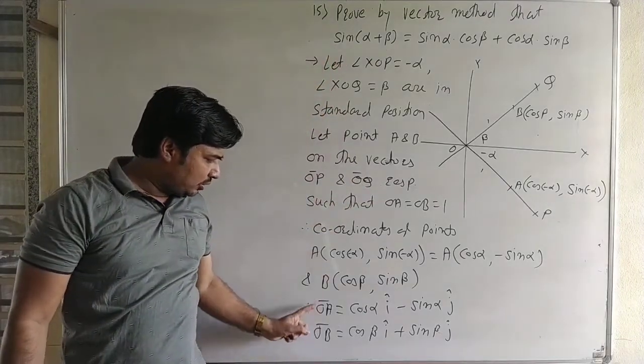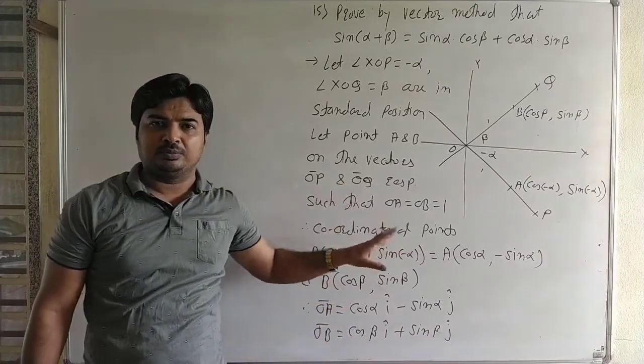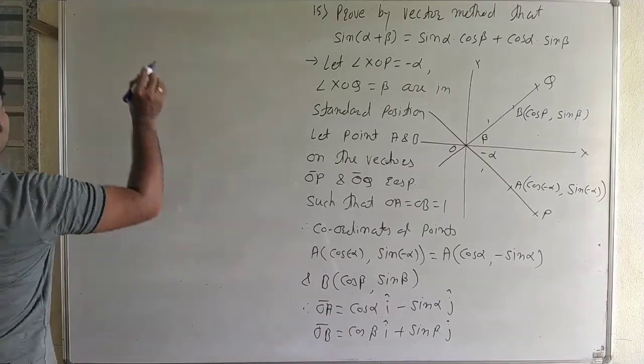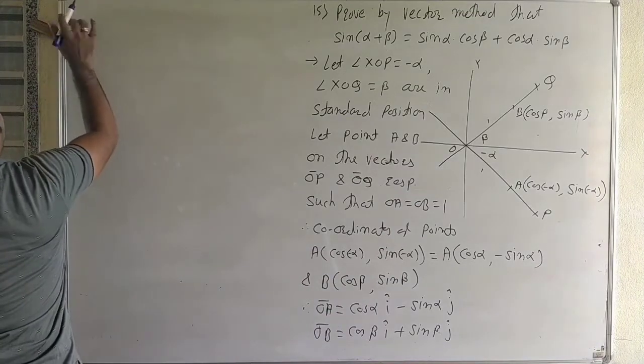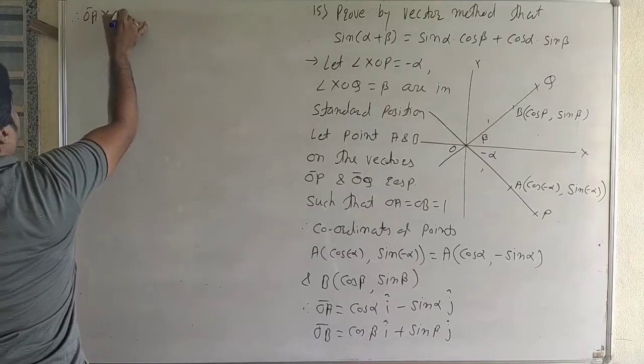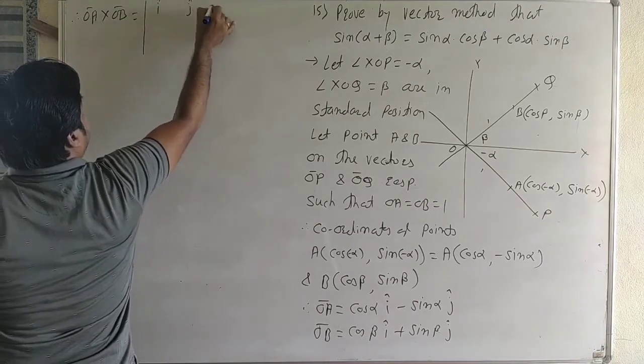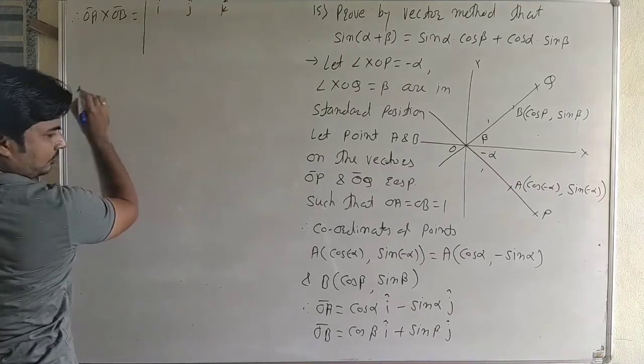So here we take the cross product of these two vectors by components and by definition. Okay, first we take the cross product by components. Okay, therefore OA cross OB is equal to i, j, and k.